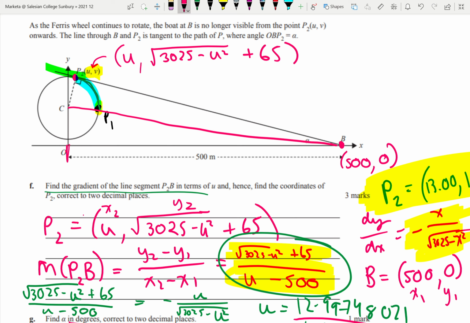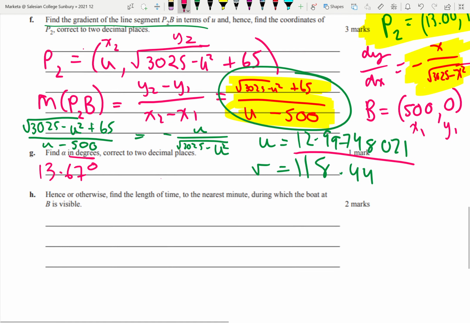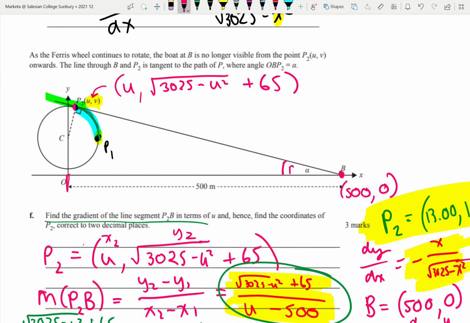We've got alpha, which we found a second ago, and alpha is this whole angle. Alpha was 13.67 degrees. What we need here is this angle in here, because this is a sector of the circle.